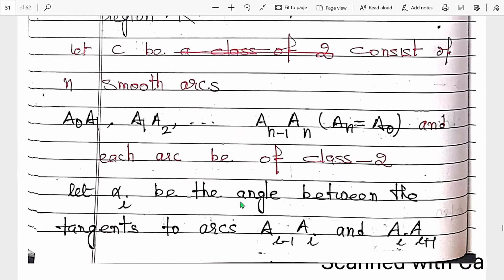Let alpha i be the angle between the tangents to the arcs Ai minus 1 Ai and Ai Ai plus 1. That is the angle between these two arcs. We will understand this better by geometry.